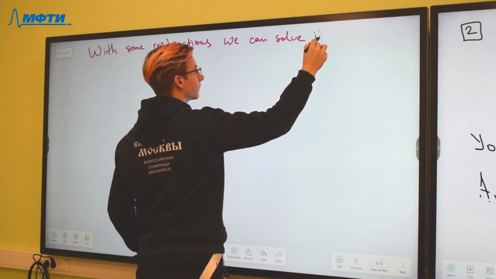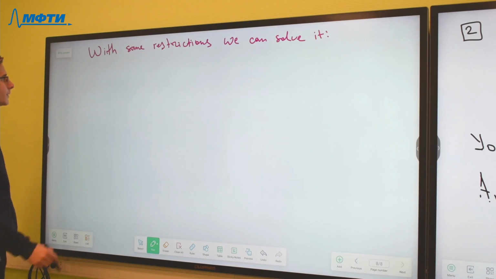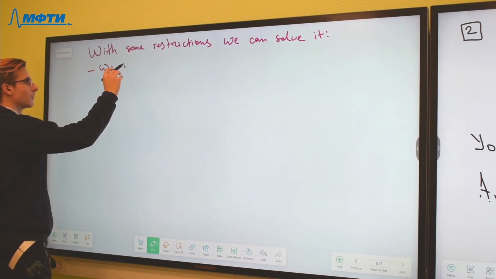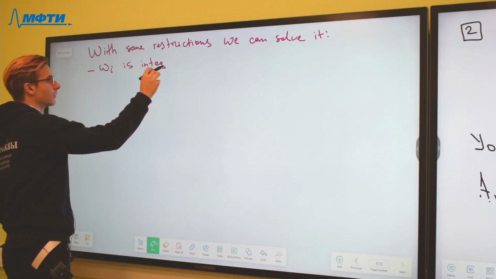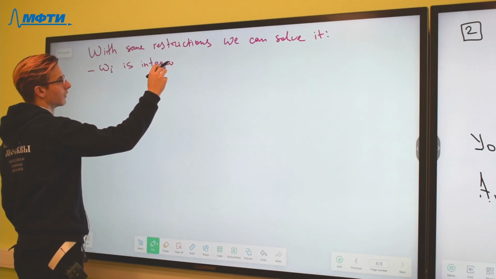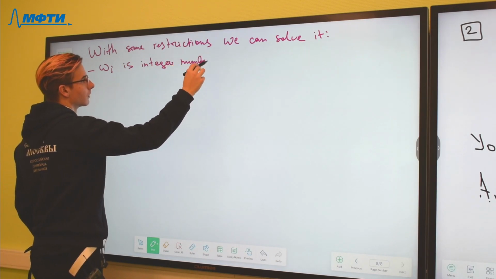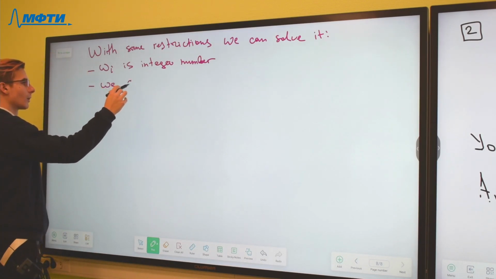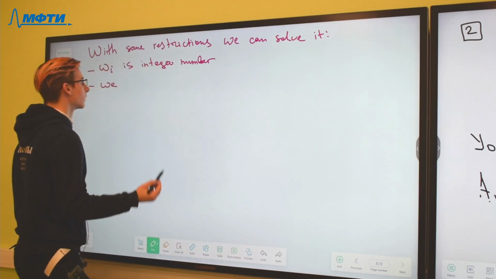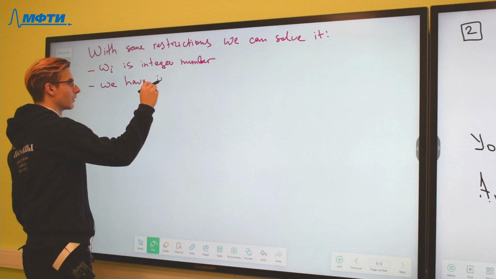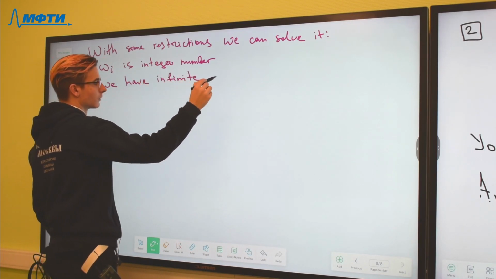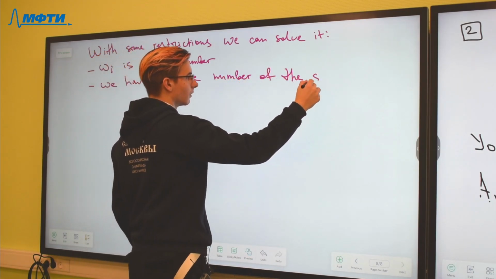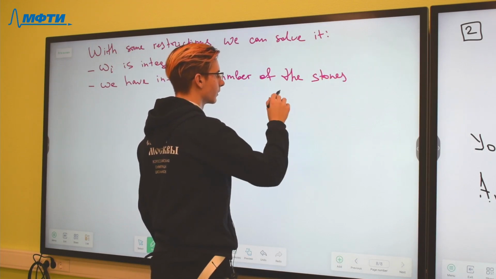For example, if we say that weights are integer numbers and we have an infinite number of stones of one type.